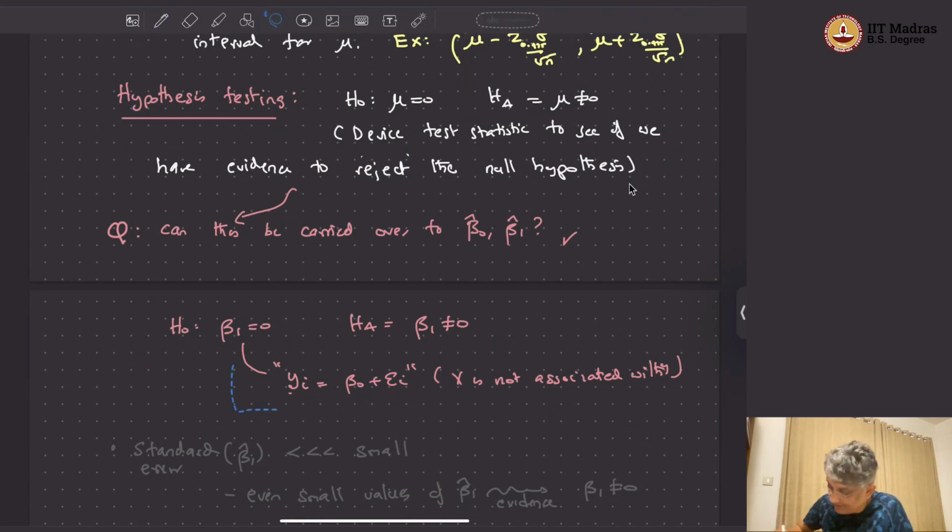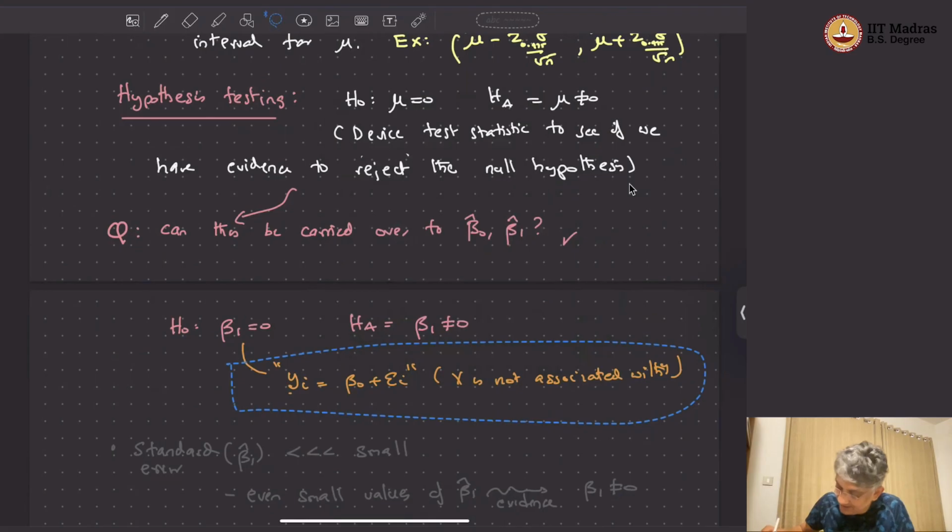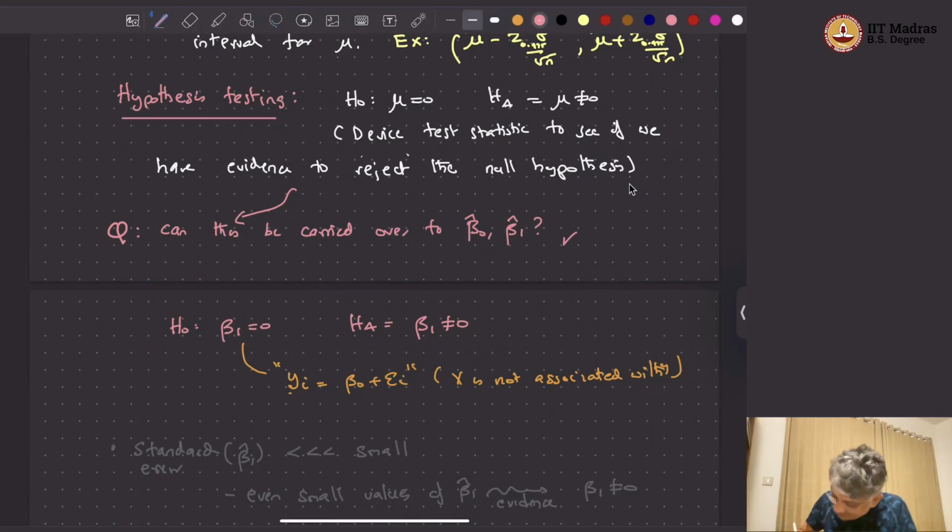So this is the consequence of H naught. Under H naught, you think that x has no effect on the y's, so your whole model is meaningless. That means beta 1 is 0.